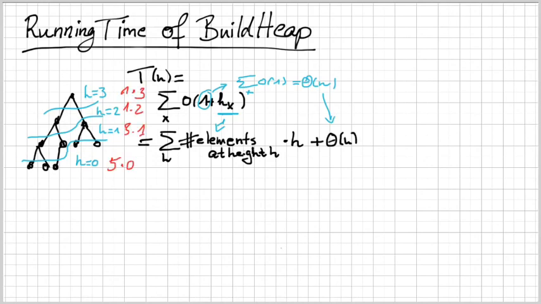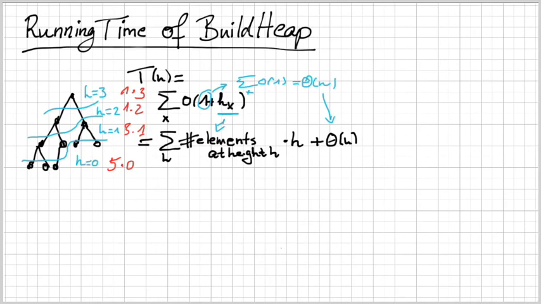Then the nodes of height 1, where we here have 3, and they contribute 1. The one node of height 2 contributes 2, and the root here contributes 3.